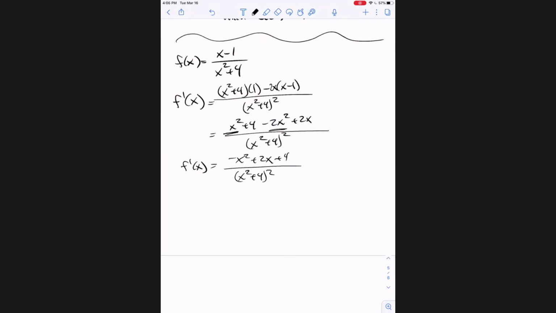Now, you really just got to worry about the numerator. When is negative x squared plus 2x plus 4 equal to 0? Actually, I'll talk about the denominator right now. When is (x squared plus 4) squared equal to 0? The denominator can never equal 0.